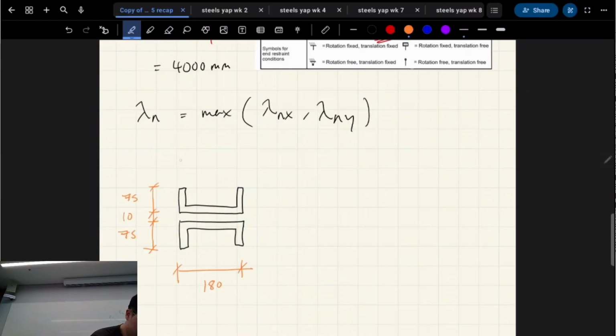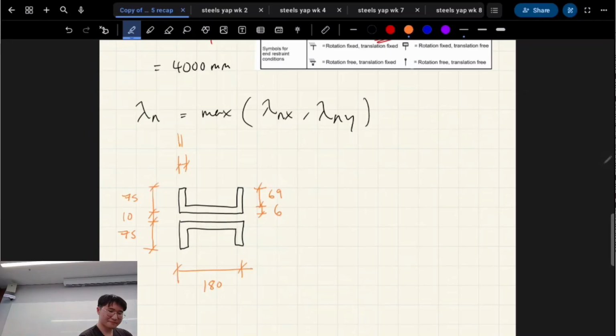Our flange thickness was 11. Our web thickness was 6, which leaves the remainder of this length as 69, because 75 minus 6.